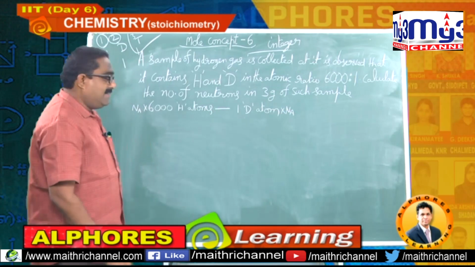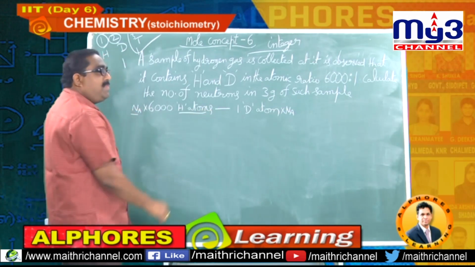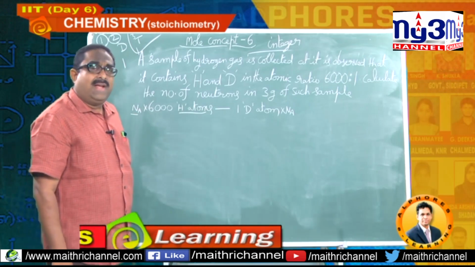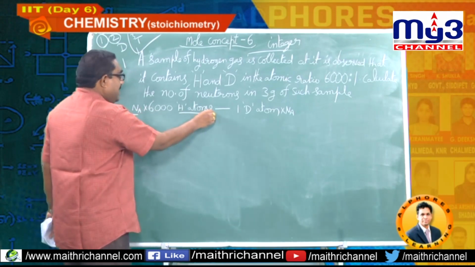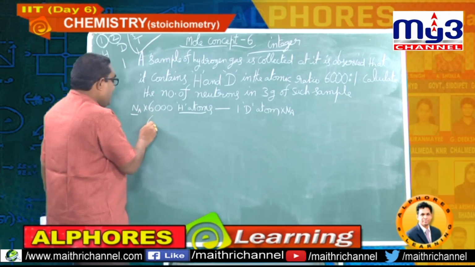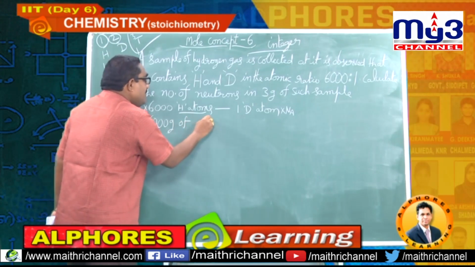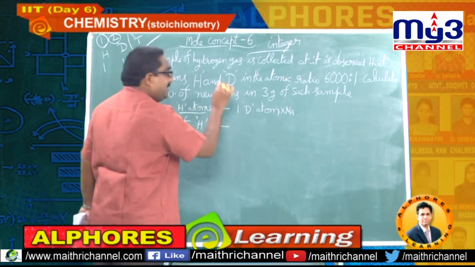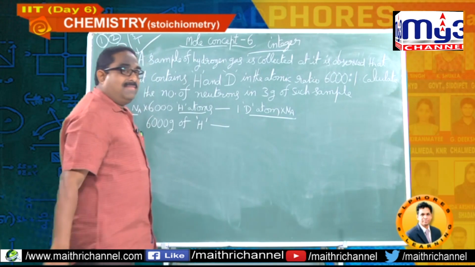Write down, students. Avogadro number of atoms means nothing but atomic weight. The atomic weight of hydrogen is 1 gram. So instead of Na and this, I can write 1 gram. So similarly, I can write the data like this. 6000 grams of hydrogen is present along with this deuterium atom and Avogadro number.